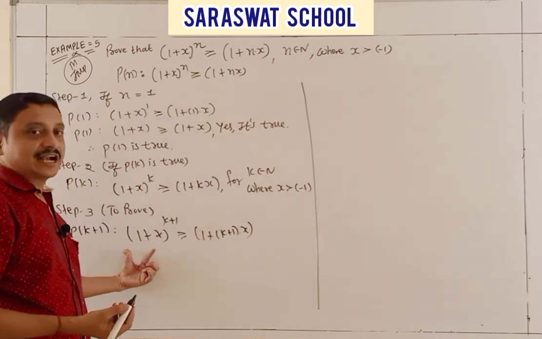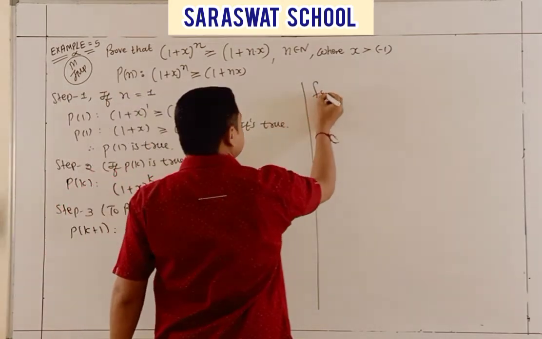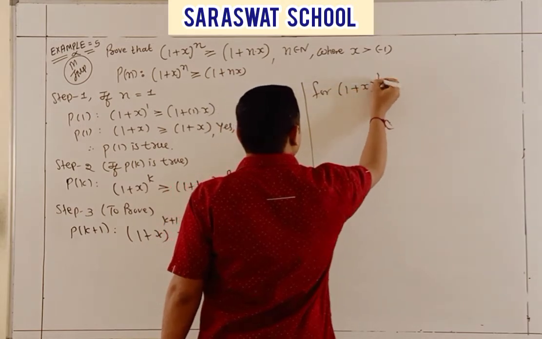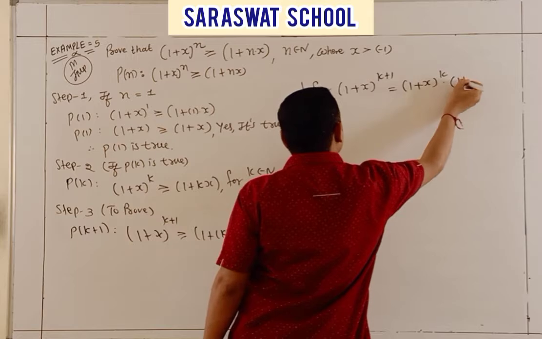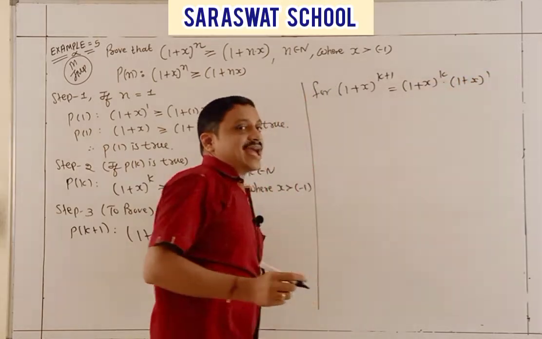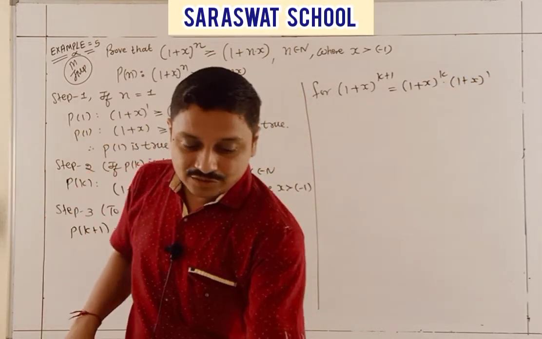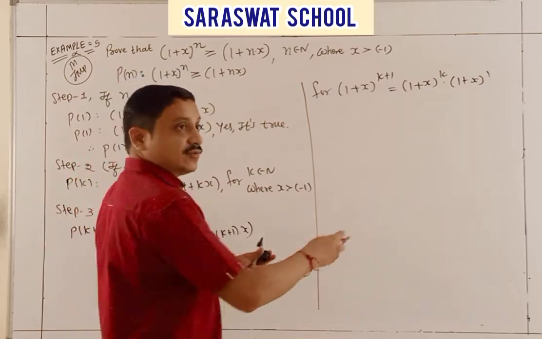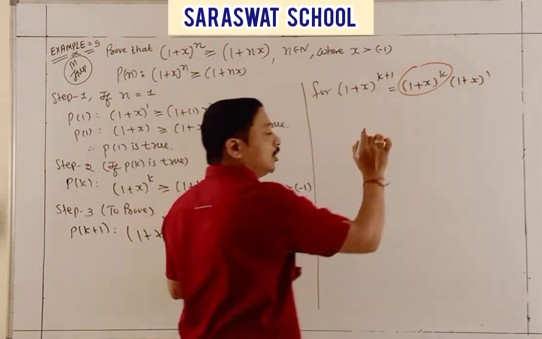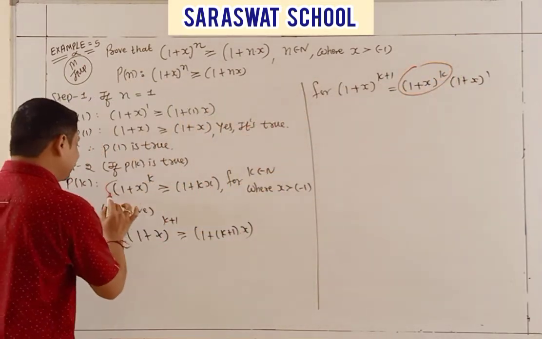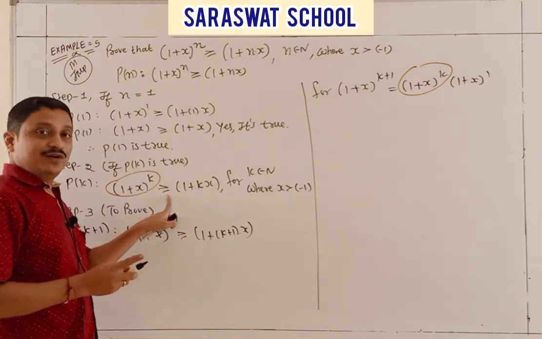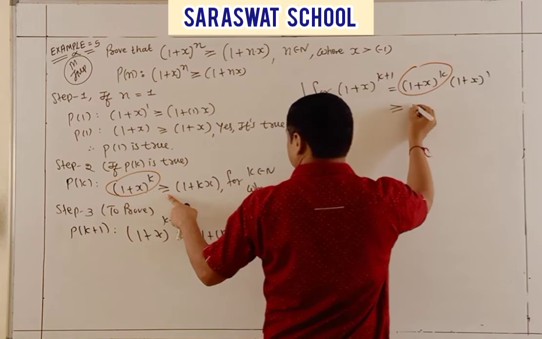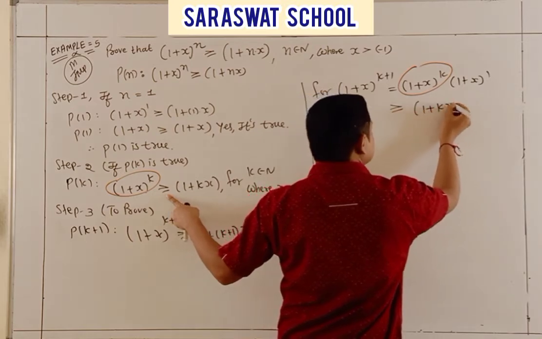So here I start with 1 plus x raised to k plus 1. Can you write down raised to k and raised to 1? Yes, definitely. Now students, this value I already wrote down here from my step 2, so greater than or equal to, here I just mention 1 plus kx.